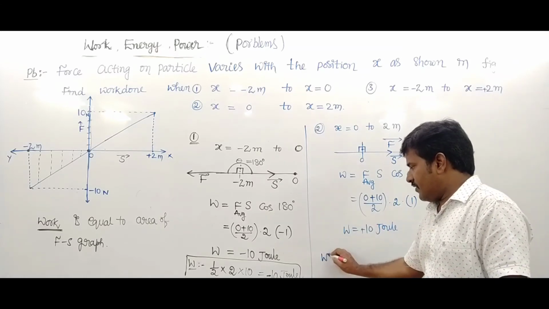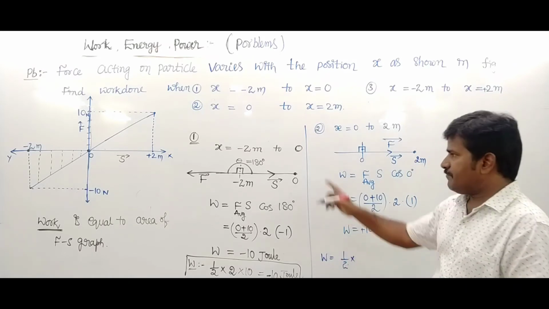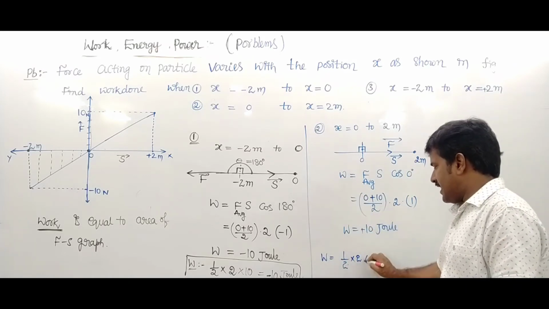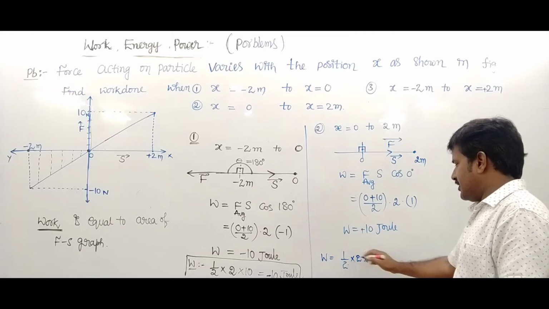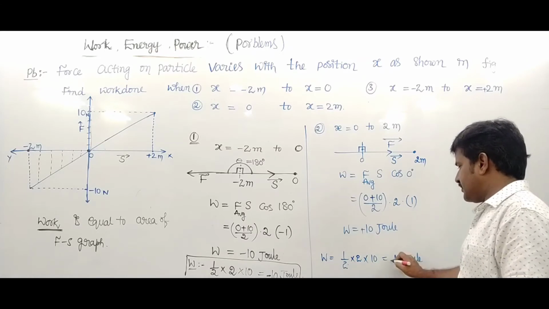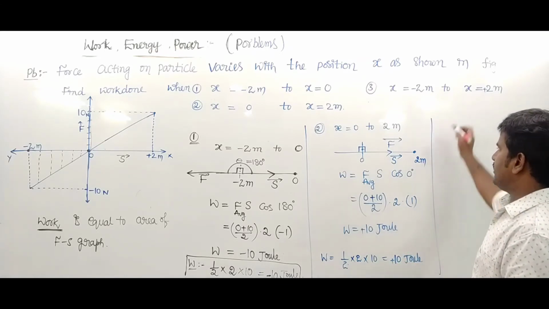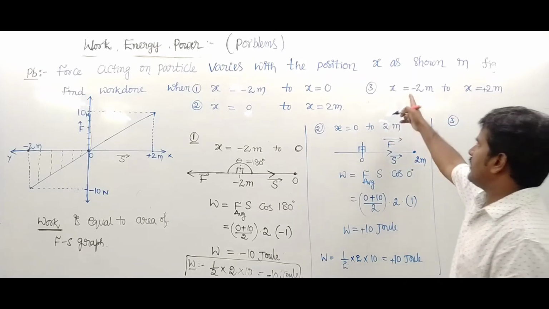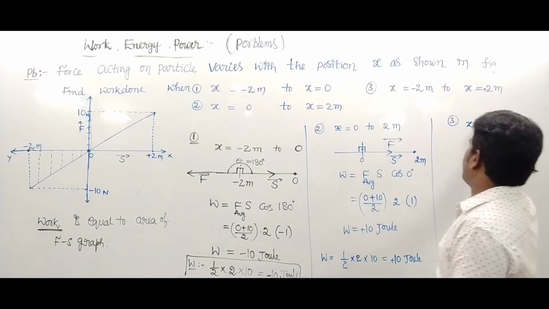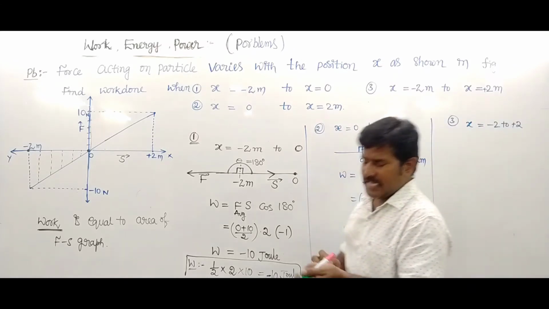Using the graph, W equals half base into height. So base is 2 meter, height is 10. In this condition the work done is 10 joule. This is the positive work. And the third condition, x equals from minus 2 to plus 2.